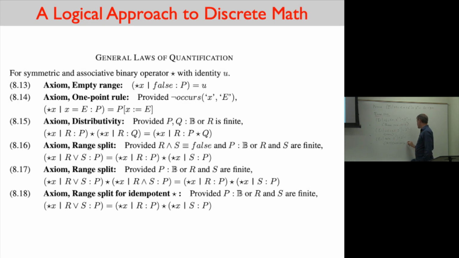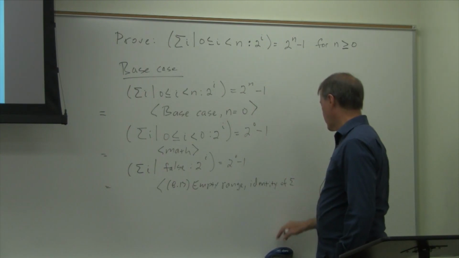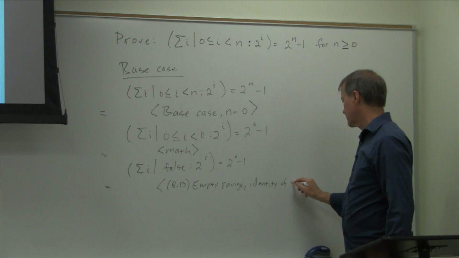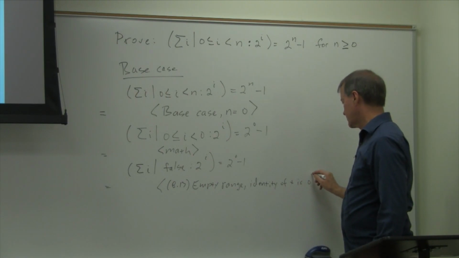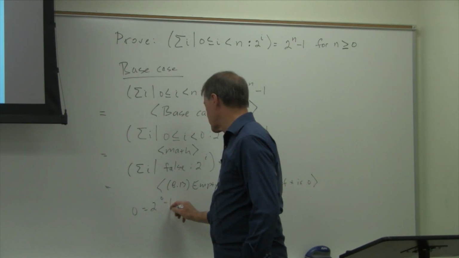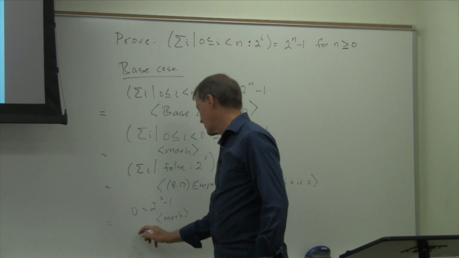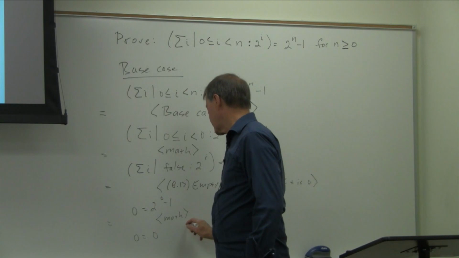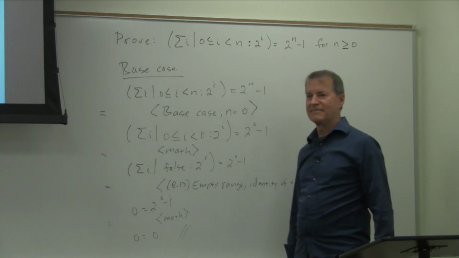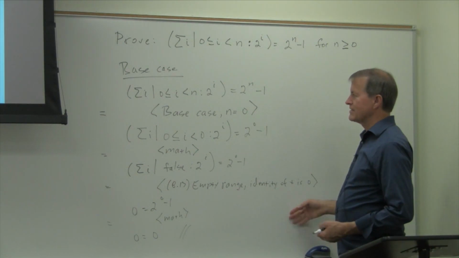Empty range gives the identity of addition, let's say plus, which is 0. So this whole thing is 0 equals 2 to the 0 minus 1. And now we can do more math, and we get 0 equals 0. Base case done. And that's usually the easier part.